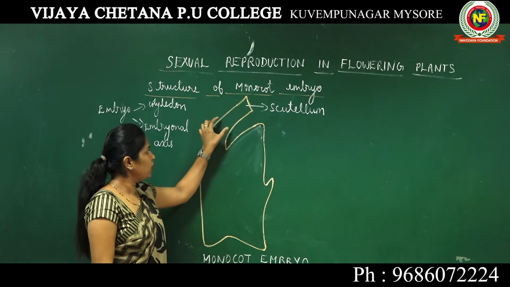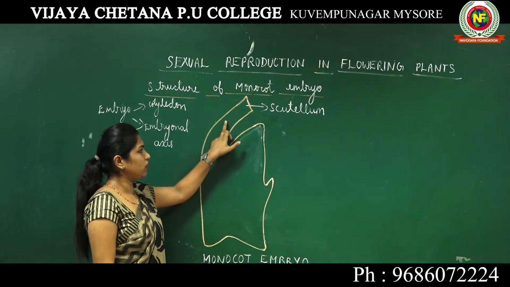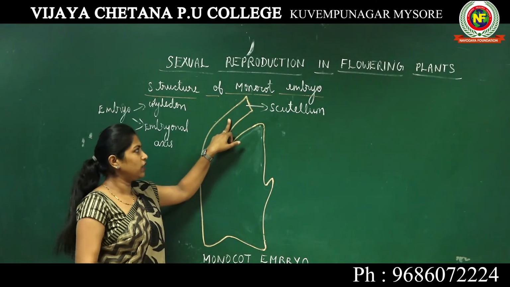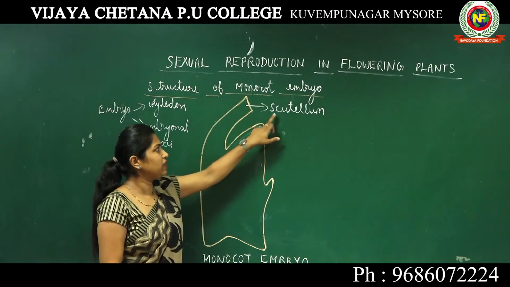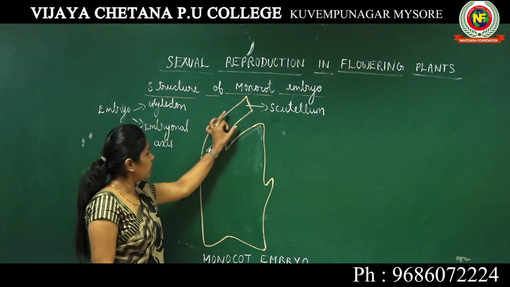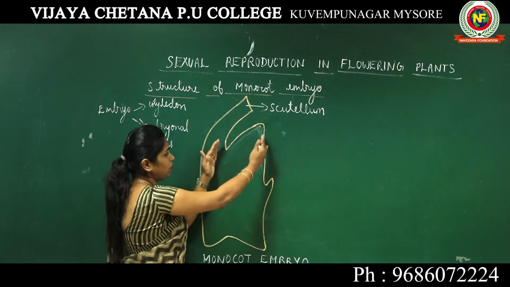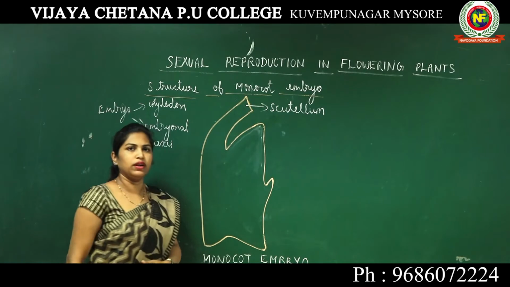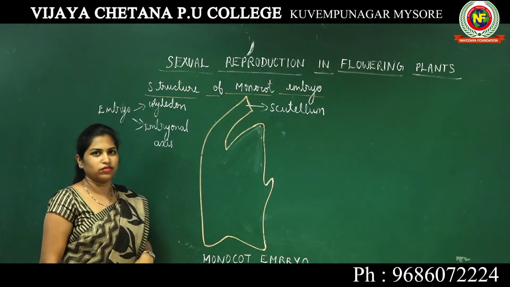It has only one cotyledon, and in monocots it is referred to as scutellum. Now this is the cotyledon, whereas the other part of the embryo is referred to as embryonal axis.